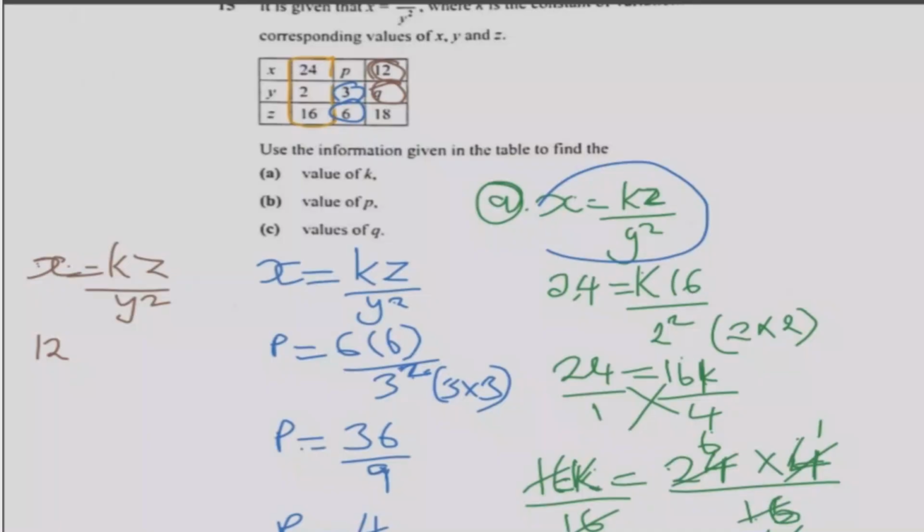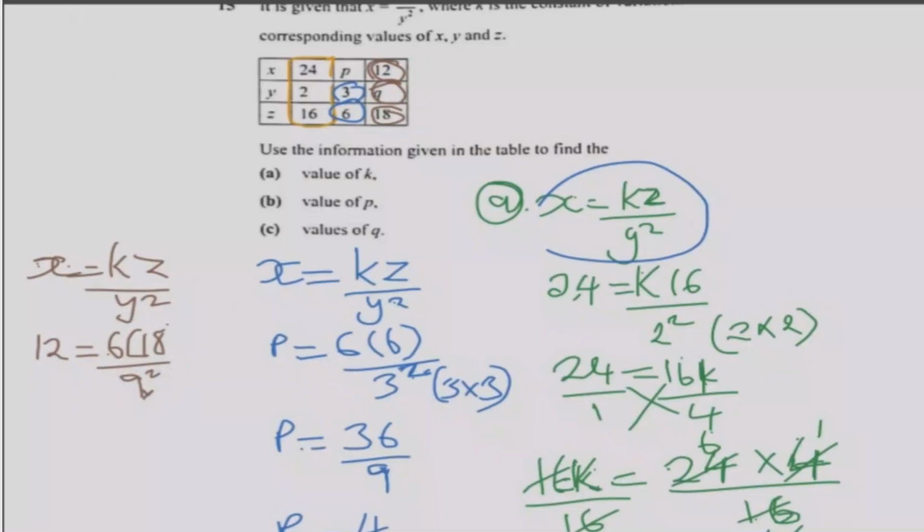Then it is equal to the value of k, which is a constant, we found it to be 6. Then what is the value of z? That is 18, so 6 times 18. Then what is the value of y? We are given q, so we have q squared there.